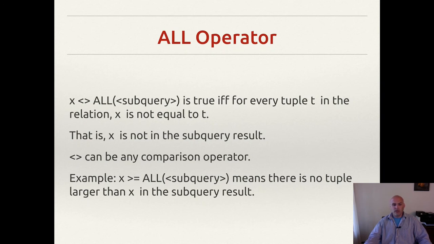So you're only going to return X if no tuple is larger than X, because you said greater than or equal to ALL, right? It's just a different way to get results.